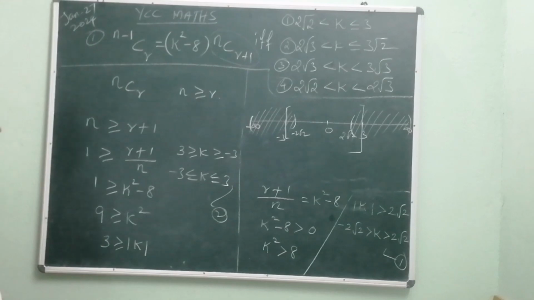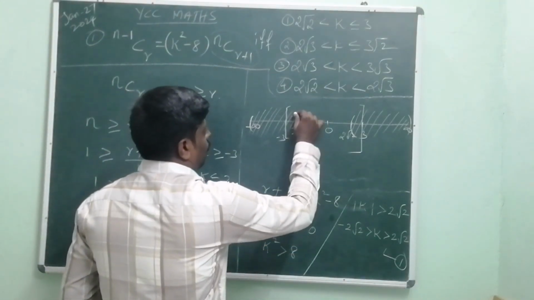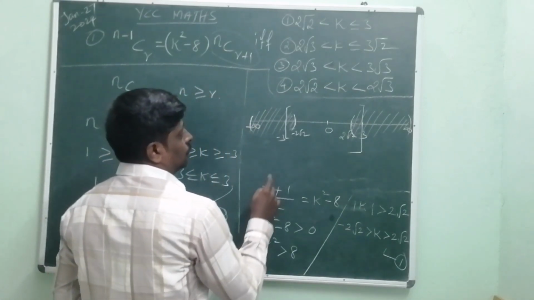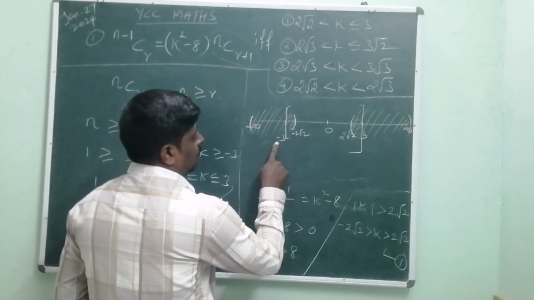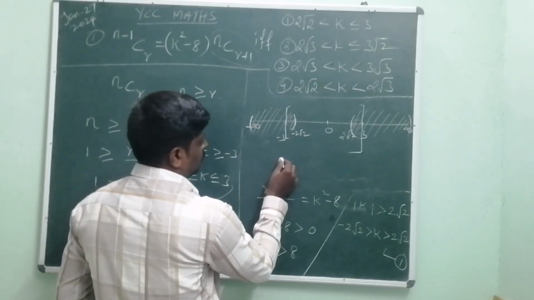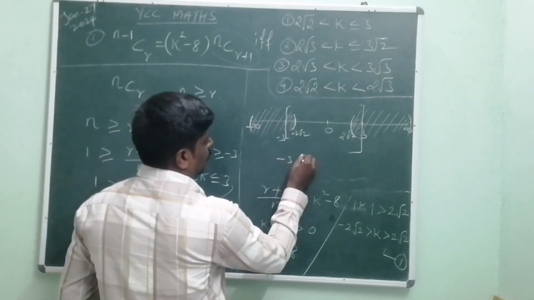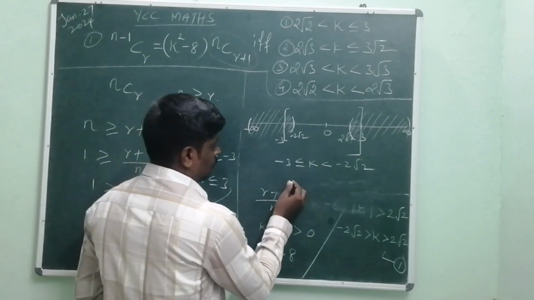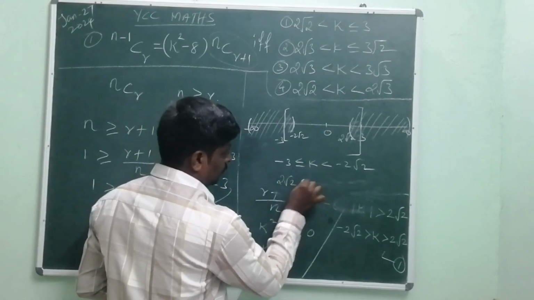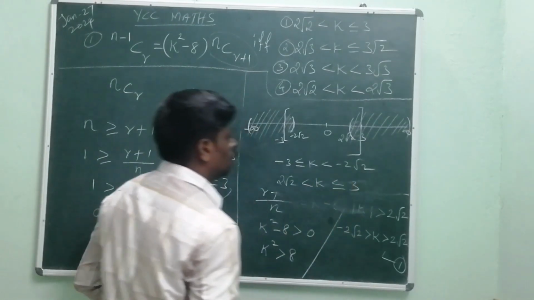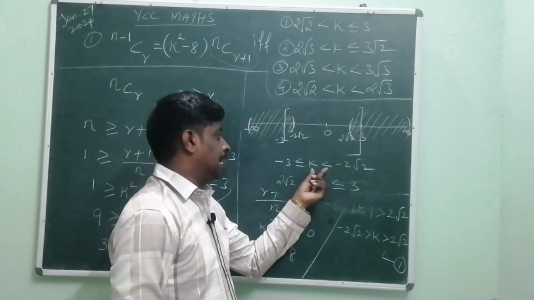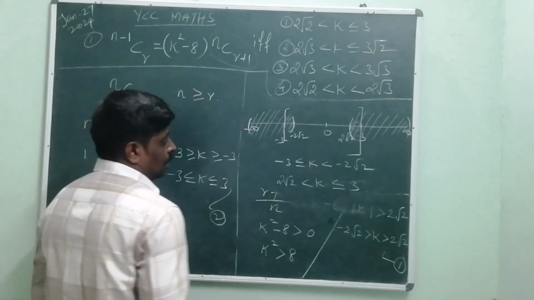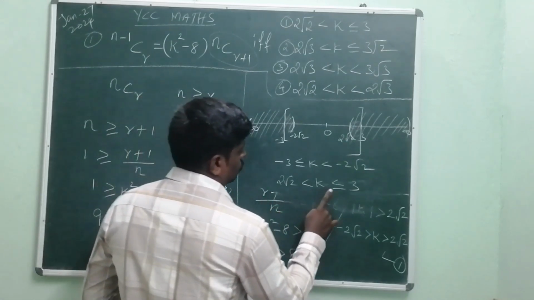Combining results 1 and 2, the intersection of the values of k is the required value of k. So k is from minus 3 less than or equal to k less than minus 2 root 2, and 2 root 2 less than k less than or equal to 3.